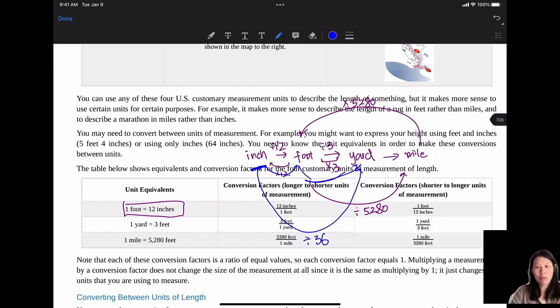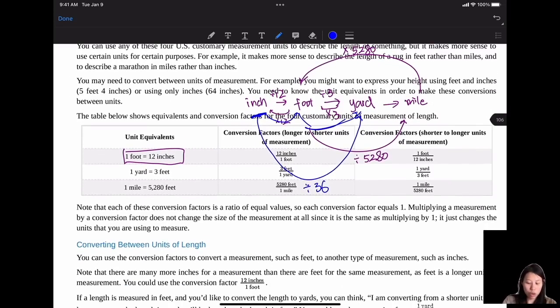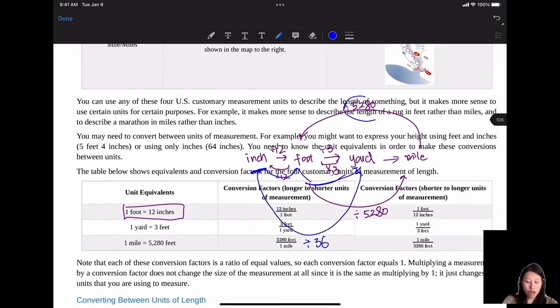Okay, let's use miles as our example. We know that 1 mile equals 5,280 feet. So 5,280 feet equals how many yards? What would you do? Since it's a smaller unit converting to a bigger unit, you divide by the conversion factor. So 5,280 divided by 3.